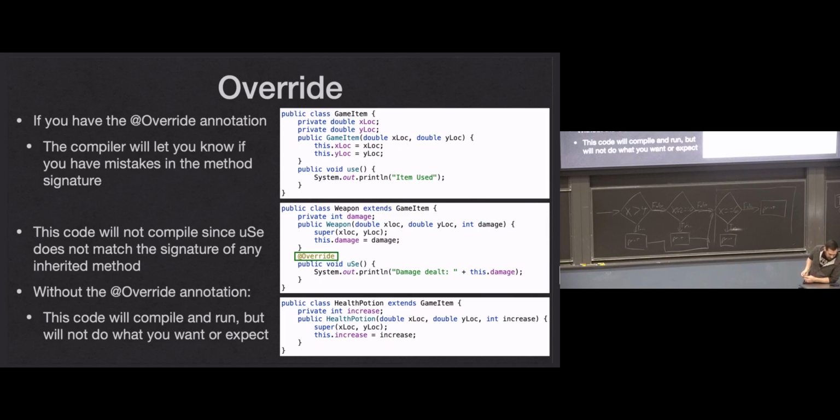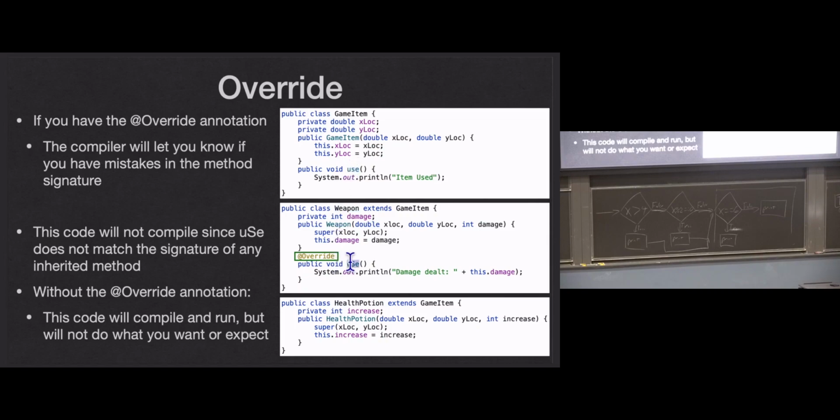So the use method in game item can't be called ever. It'll be called through health potion. So if I have a health potion object and I call use on the health potion, this method will be used. From a weapon object, I cannot call this use method with the code as written.